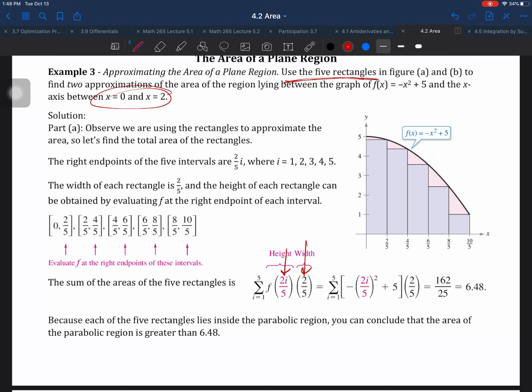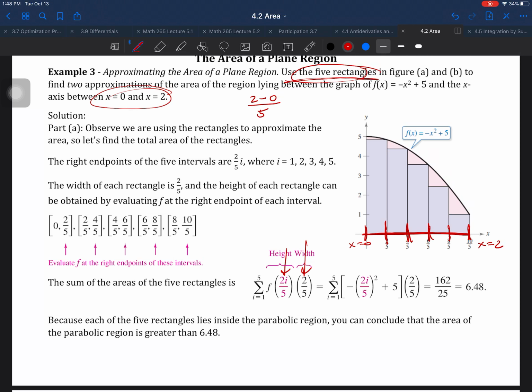So the way we're going to do this is you're going to take the whole width of this boundary, from x equals 0 to x equals 2, and you're going to subtract that distance, so 2 minus 0, and then divide it by how many rectangles you need, right? Because you're going to divide this into 5 equal parts. So that's going to be 5.